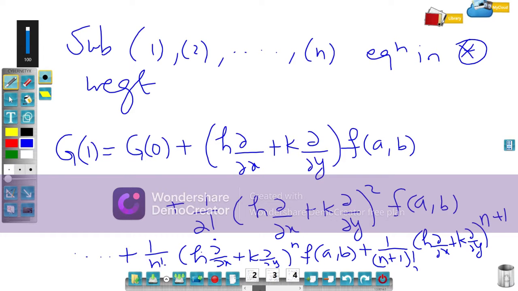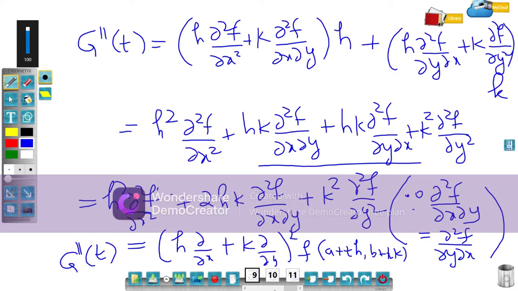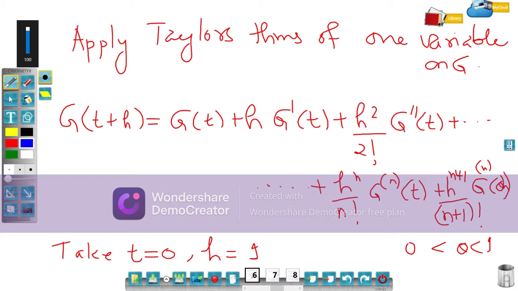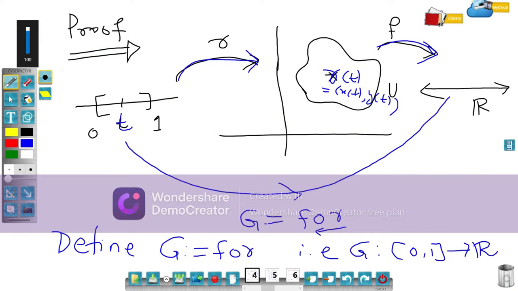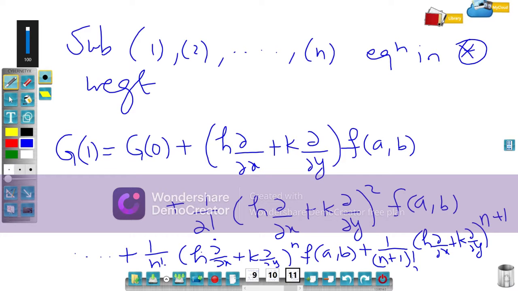Yes, n plus 1, and that theta we have to write. So you can see that we are getting the terms we were expecting. That theta will give me f evaluated at a plus theta h comma b plus theta k.